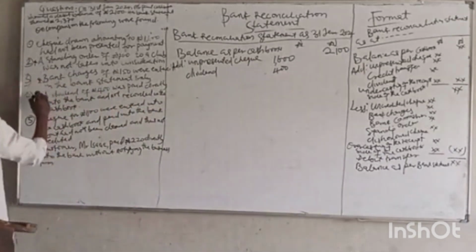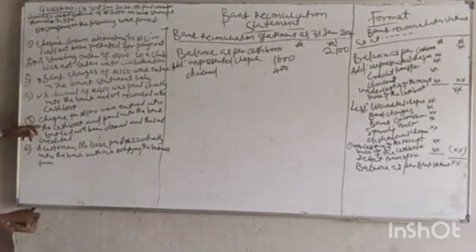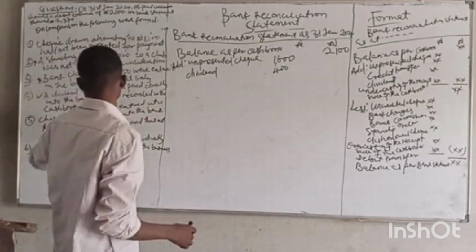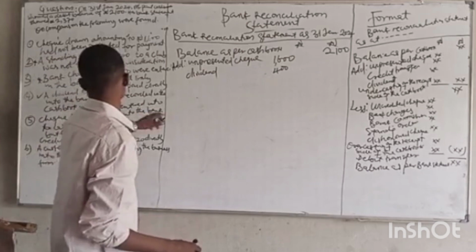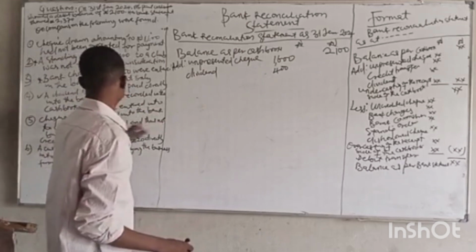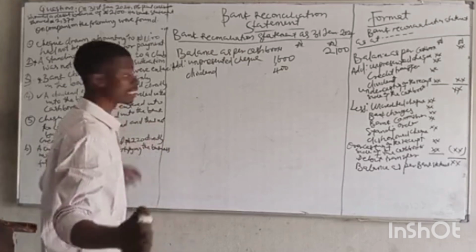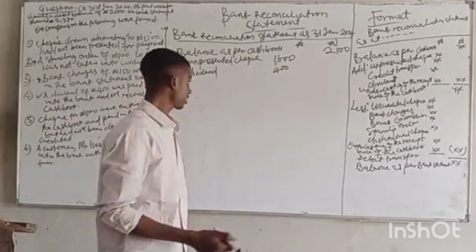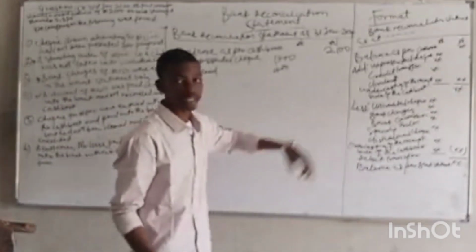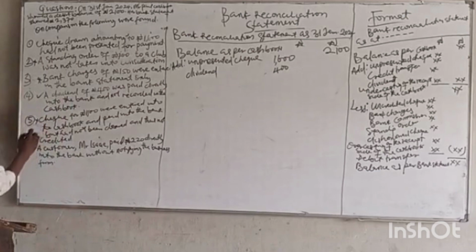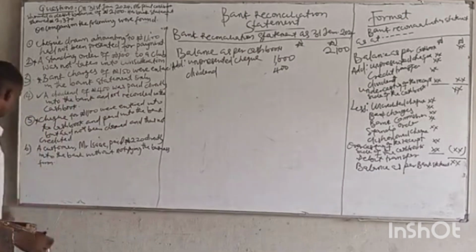Then the next transaction said checks for 1,100 were entered into the cash book and paid into the bank but had not been cleared, and this is not credited. This is uncredited check, and we have not gotten to that place. So we are studying it.